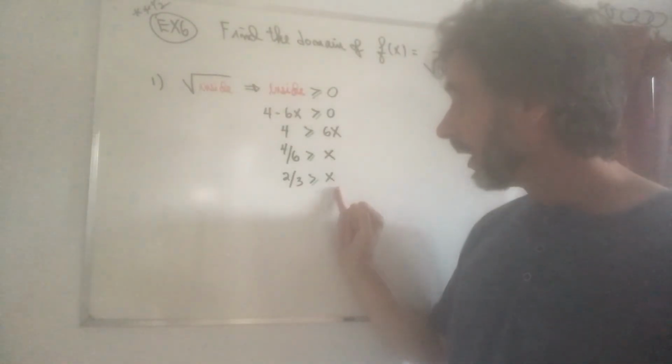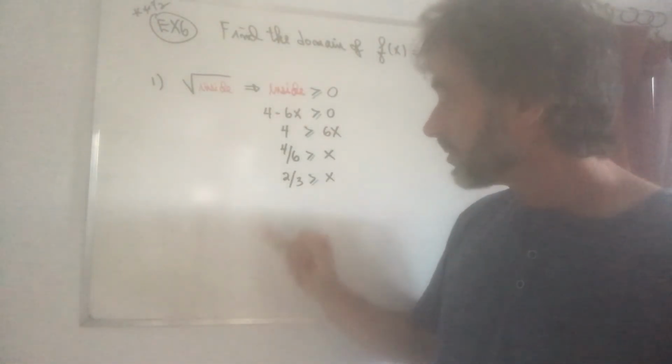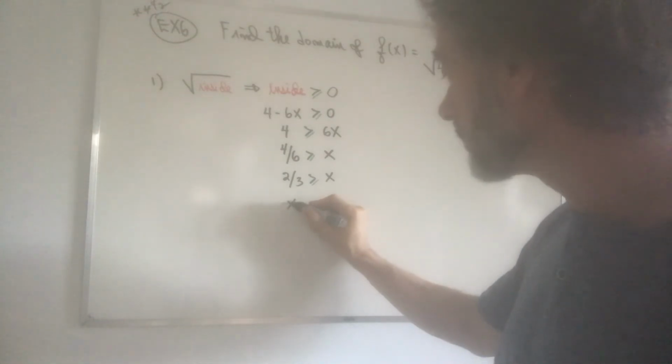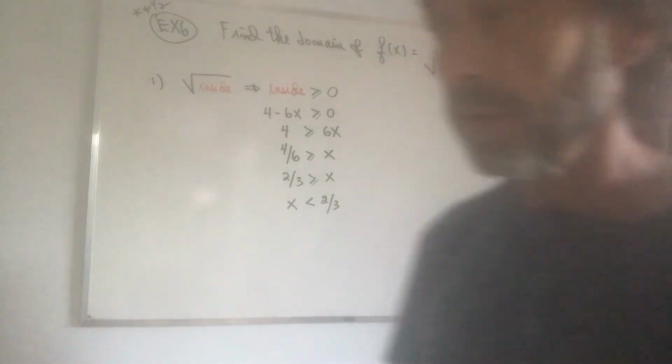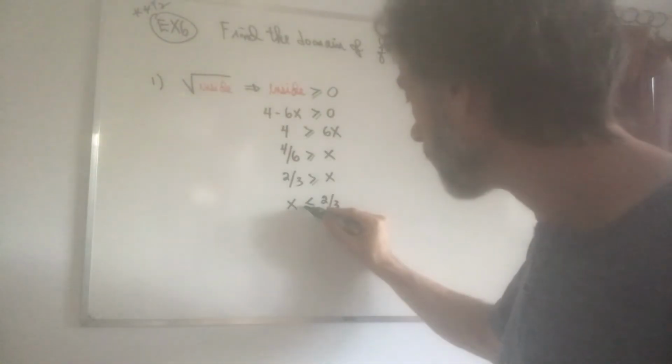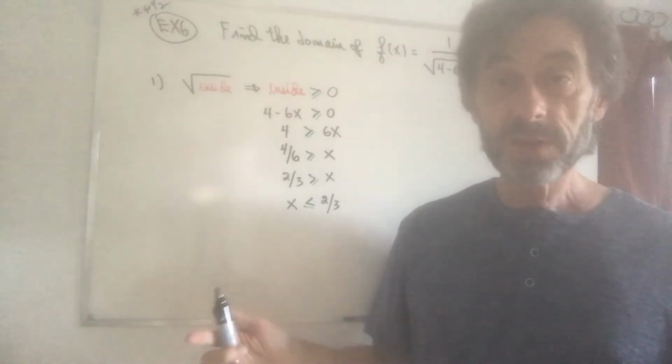That seems to be my domain, because any values that are less than or equal to 2/3, you can also write this backwards, x less than or equal to 2/3, same thing.